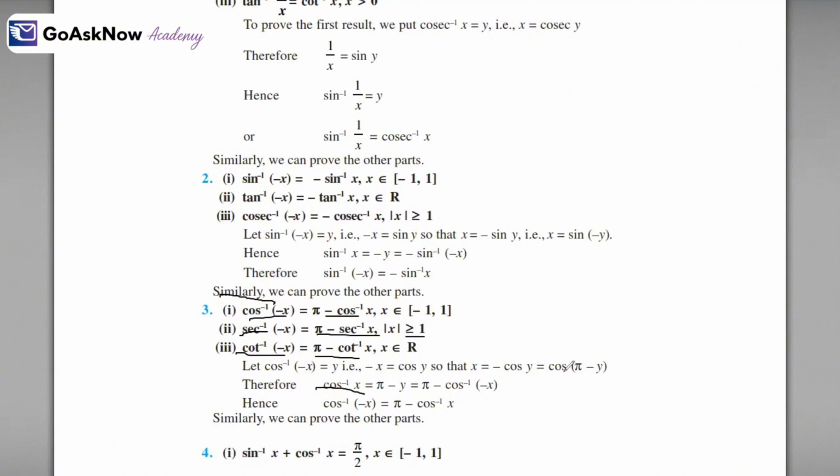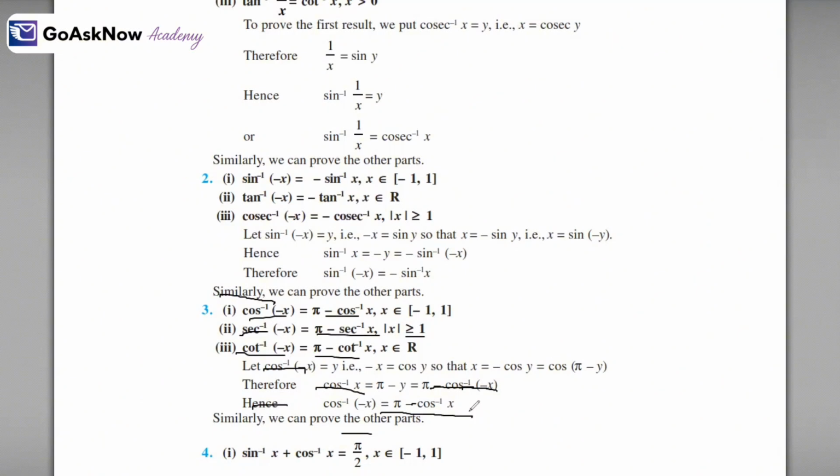If you take the inverse on both sides, cos inverse x will be equal to pi minus y here. So that is equal to pi minus cos inverse of minus x. Because the y value, we have already seen, is equal to cos inverse of minus x. So I have substituted that value here, and I will get from that cos inverse of minus x equal to pi minus cos inverse of x.